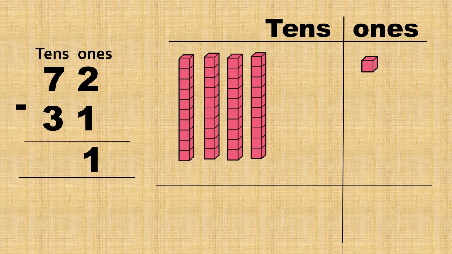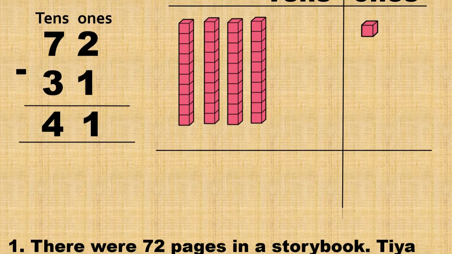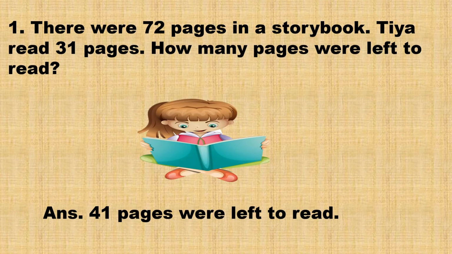So 7 minus 3 is equal to 4. It means 72 minus 31 is equal to 41. The answer of the question is 41 pages were left to read. Let's see some more example.